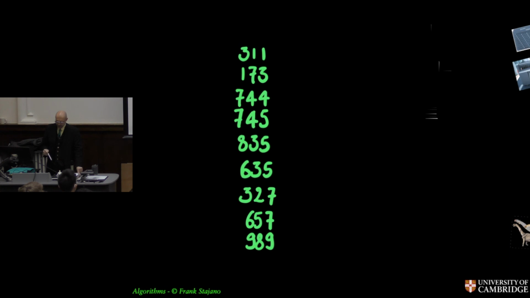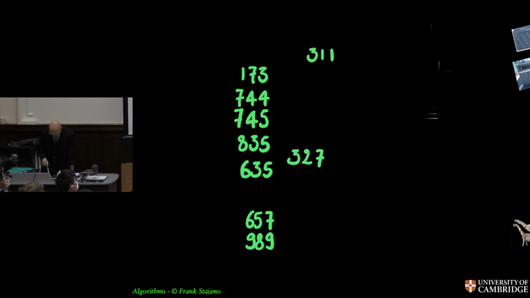Now next, I sort them by the middle column, ignoring the last column that I already did. So what's the one with the lowest value in the middle column? It's still this one. And then after that comes this one. And then after that comes this 3 and this other 3.